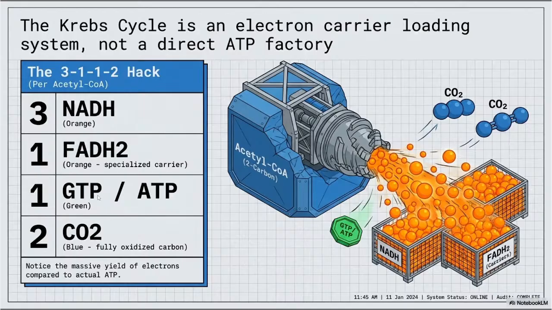So if you want to move to the Krebs cycle, don't forget that I told you for glycolysis, you talk about 2,2,4. Instead of 2,2,4, you'll be talking about 3,1,1,2. The 3 is for NADH, 1 is for FADH2, 1 for GTP or ATP, and 2 for CO2.